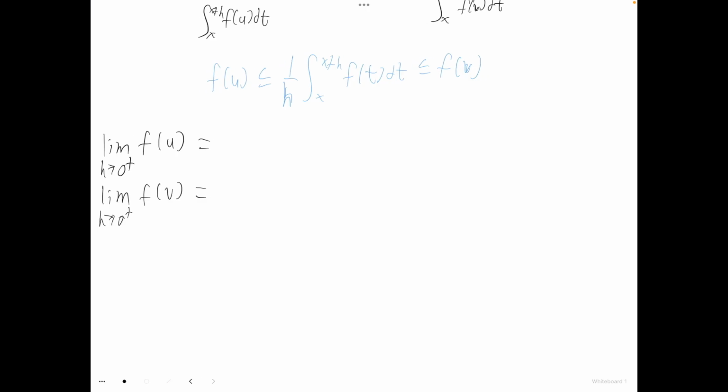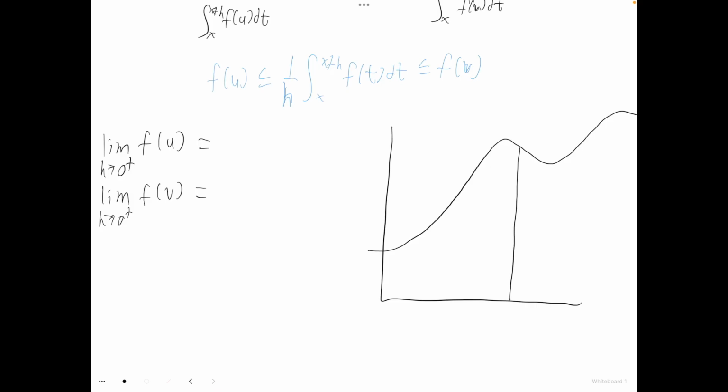And so if we have a picture, I'm just drawing a random function for f, just for drawing purposes. So say x is right here, and then x plus h is somewhere over here. Now f of u, remember, u was found to be where the minimum occurs.